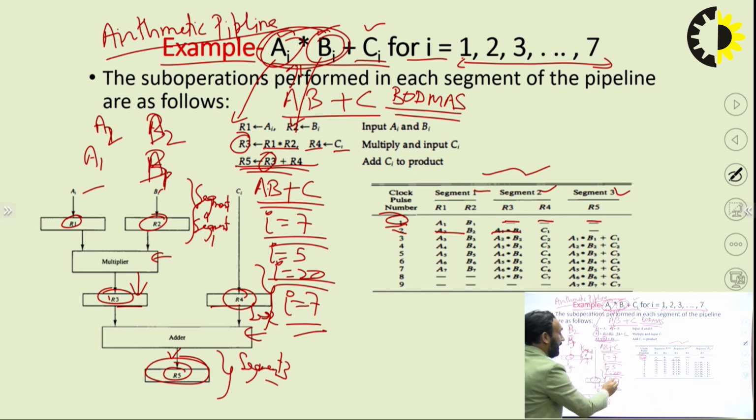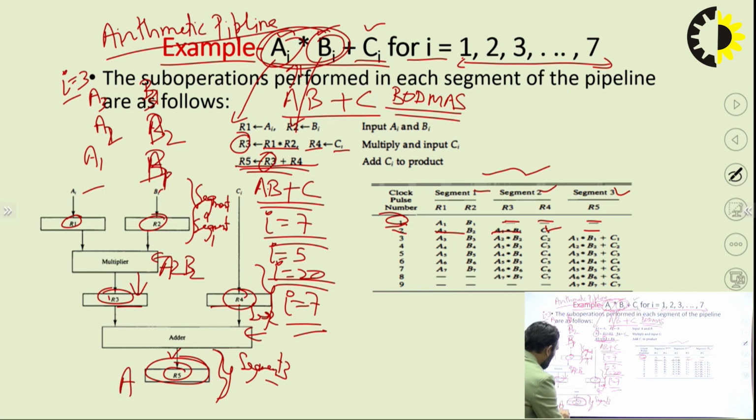At the same level, we have C1, and R5 is in an idle condition, which we mark as blank. At the third input, or we can say I is equal to 3, we have A3 and B3 as input, and segment 2 processes A2, B2, and in segment 3 we have A1, B1 plus C1.